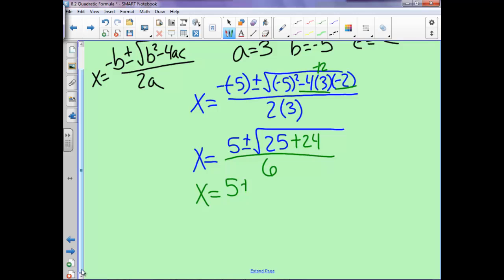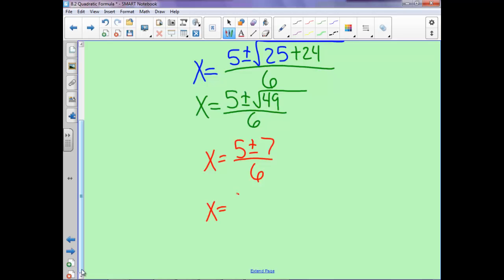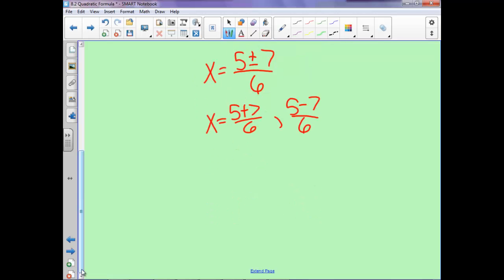So I'll have 5 plus or minus, 25 plus 24 is 49, over 6. So we'll have x equals 5 plus or minus square root of 49 is 7, still over 6. So now we've got two options. We've got 5 plus 7 over 6, and we've got 5 minus 7 over 6.